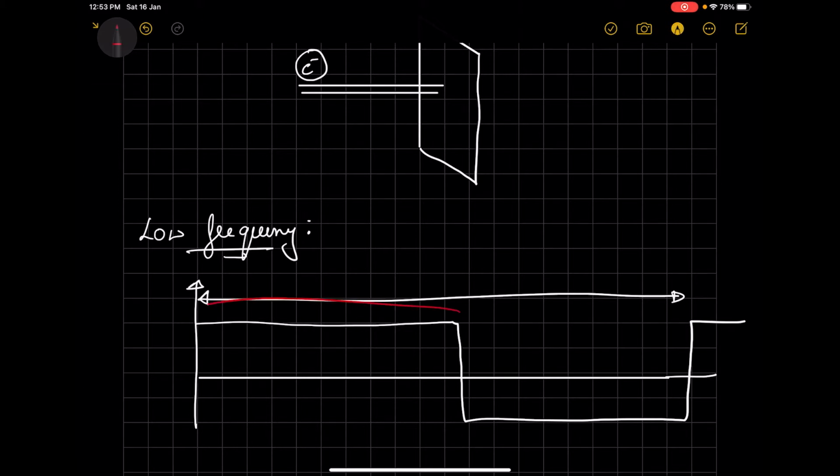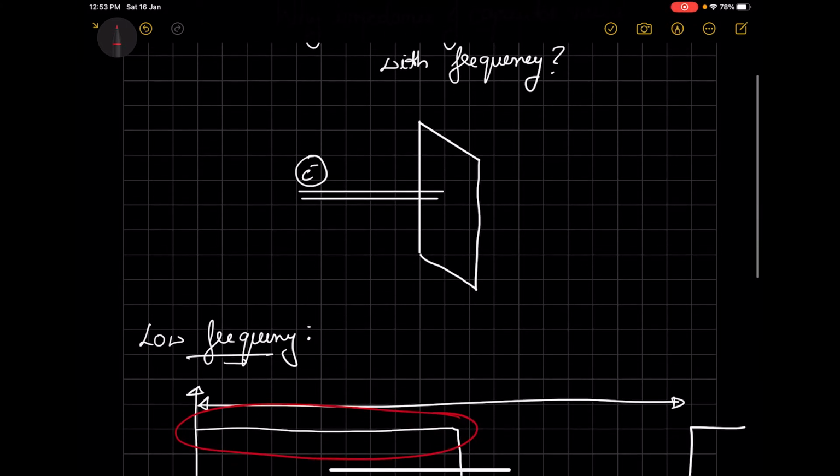For this part of the signal, electrons tend to move in this direction. They try to move in this direction with a constant drift velocity, and when they try to do that, they have nowhere to go but to accumulate on the plate. So as electrons move in this direction, they slowly accumulate on the plate.